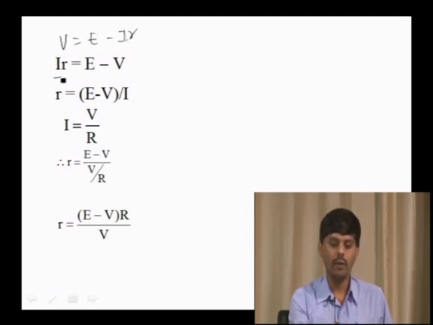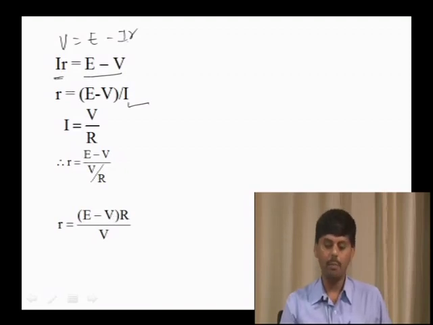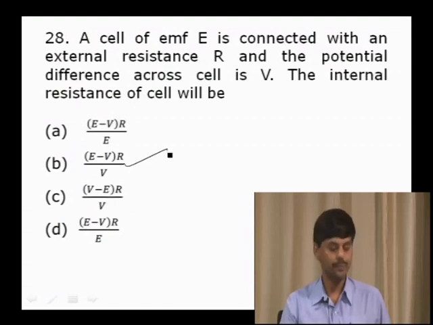If you shift Ir over here, it becomes E minus V. Therefore, r is equal to E minus V divided by I. But we know from Ohm's law that I is equal to V by R. In place of I, you substitute V by R. R will go up. It becomes E minus V into R whole divided by V. Therefore, the correct option is B.